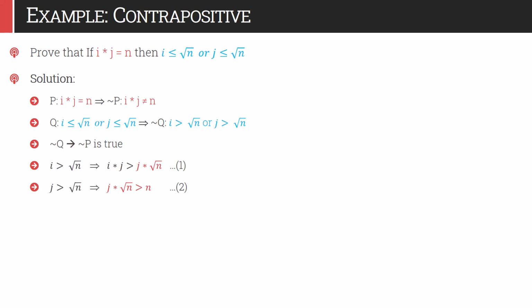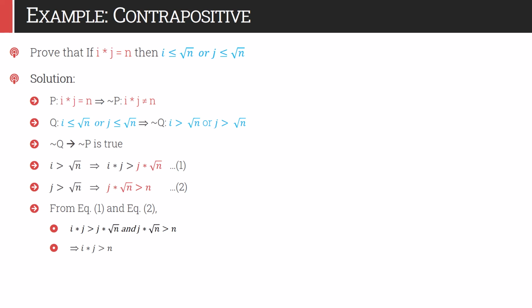So from equation 1 and equation 2, we apply the property of transitivity, because i times j is greater than j times root n and j times root n is greater than n, so directly it implies that i times j is greater than n. It is the property of transitivity.